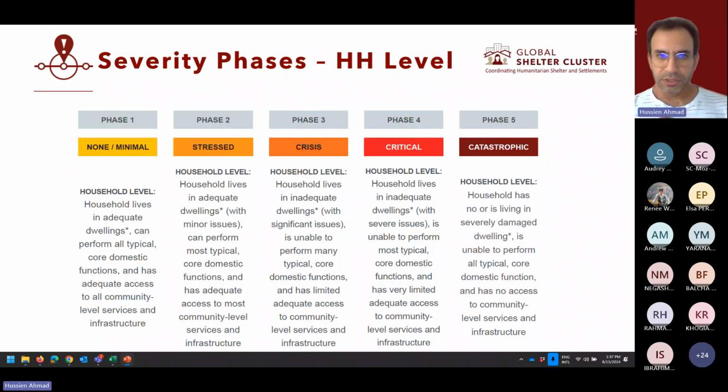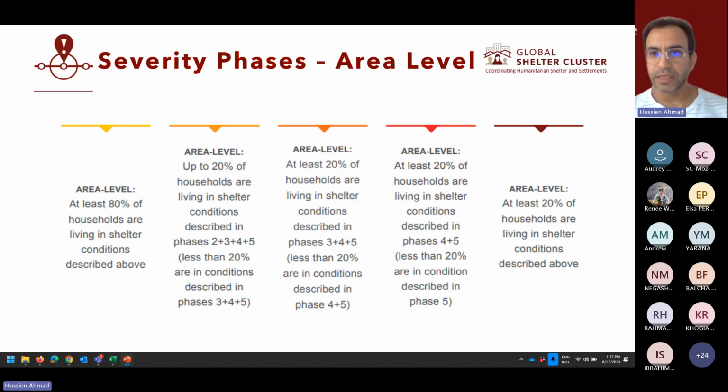We agreed that the SSC has 5 severity phases like any other framework in the humanitarian system, in the sectors, in the clusters, from minimal to catastrophic, and each of these phases has a well-structured definition at household level and at area level.